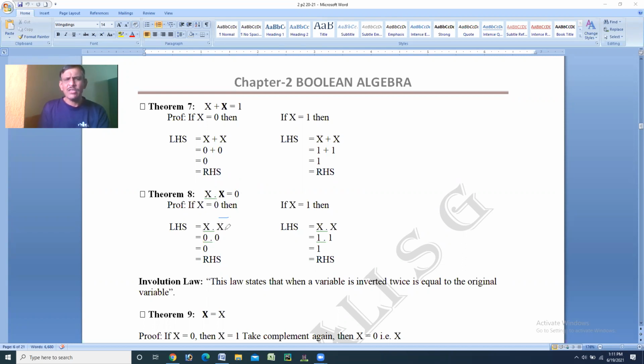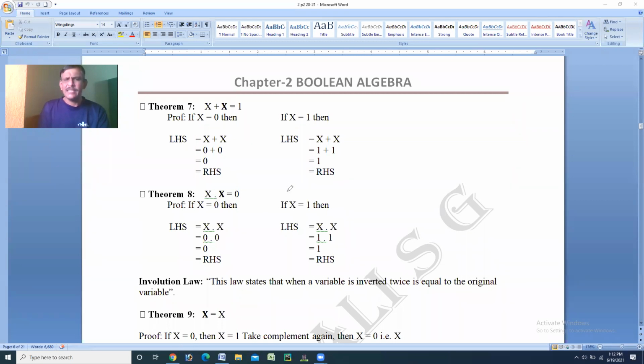Substitute the value of x as 0. So the next step is 0 dot 0 complement, which is 0 dot 1. According to the AND relation, 0 dot 1 is nothing but 0, which is equal to the RHS.